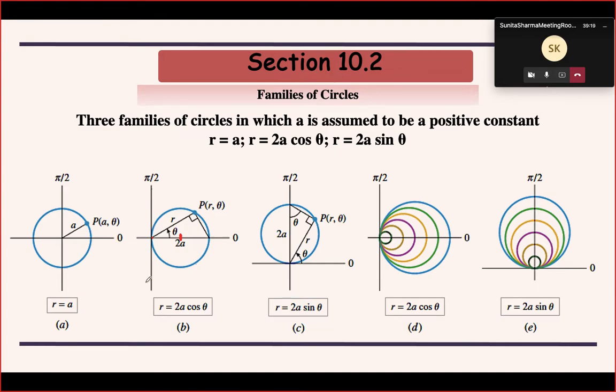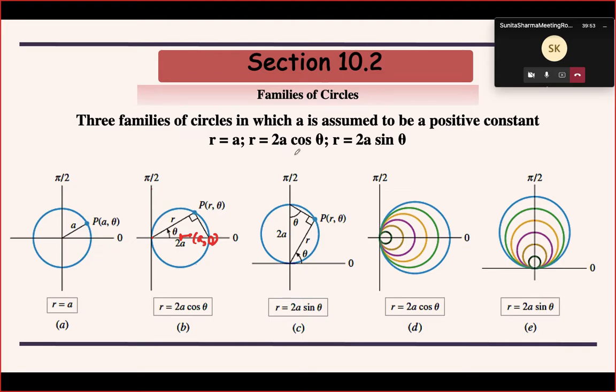Theta equals pi by 2 will serve as a tangent to your circle. If the radius is a, your center will be located at a units from the pole. So the center coordinates will have radial coordinate a and angular coordinate 0, that is, the point a comma 0. This is the center for such circles.